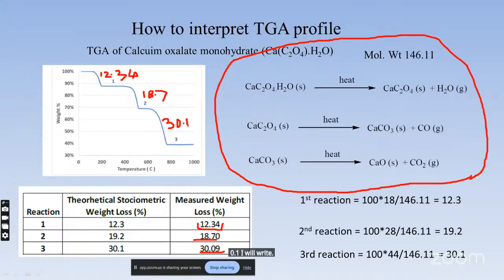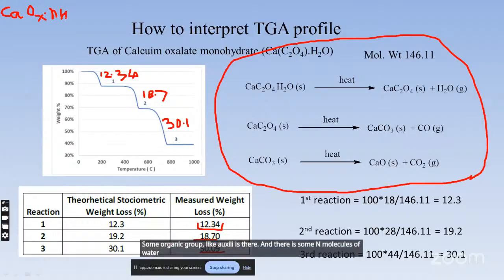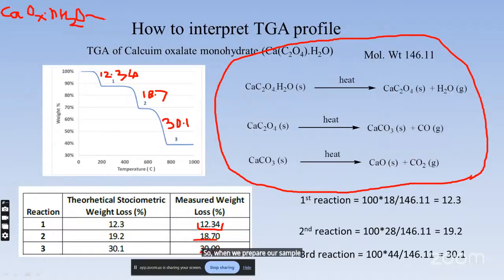Okay, now what do we have? We know that our sample contains calcium, some organic group like oxalate, and some n molecules of water. We don't know initially; we have to analyze it. When we prepare our sample, we know at least something.